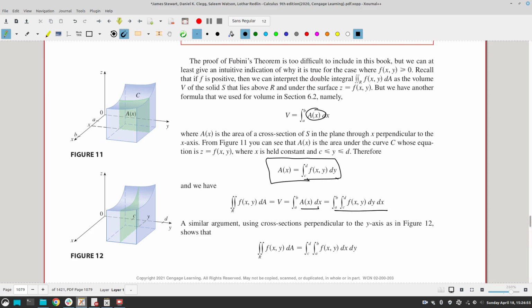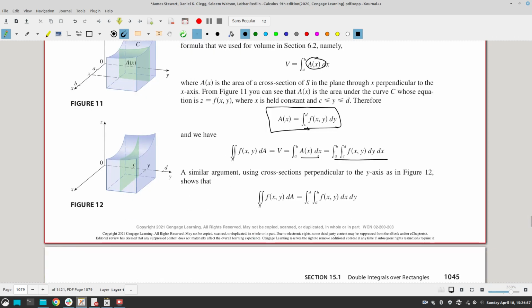Now similarly, if I use a perpendicular cross section, I can approximate A(y).